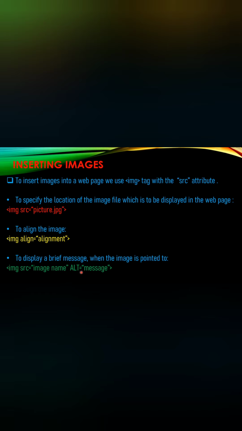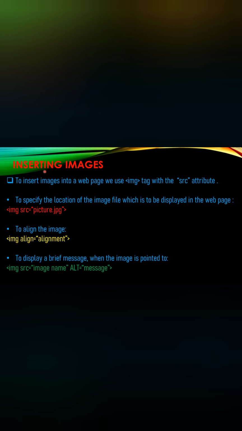We are using here alt attribute to display a brief message equal to, then you have to enter the message over here. Suppose if the message is image not available, so what will happen? Instead of this picture, the message will be displayed over there. Okay, then you have to close the tag.